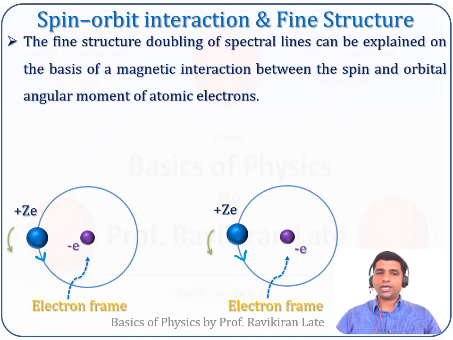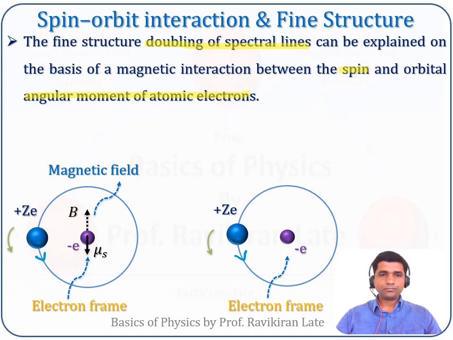So due to that, the doubling of spectral lines can be observed, and this doubling of spectral lines can be explained on the basis of magnetic interaction between the spin and orbital angular momentum of atomic electrons. Now you can see over here, we know that the electron can have two different spin orientations, that is spin up and spin down.